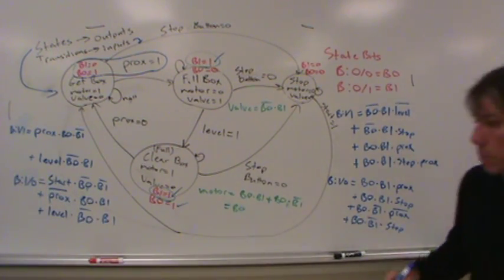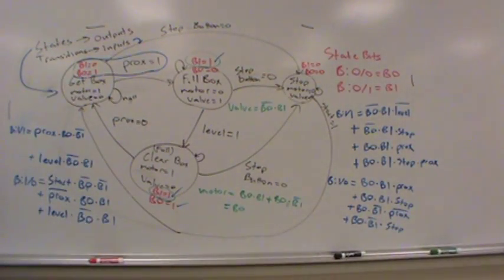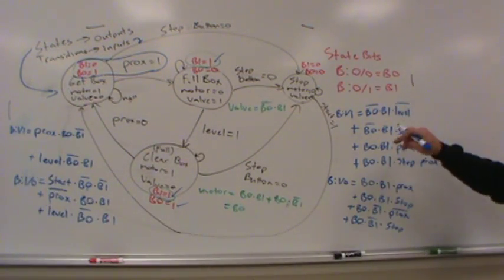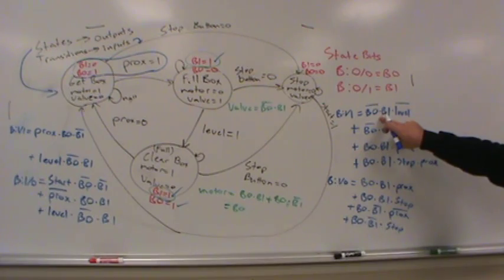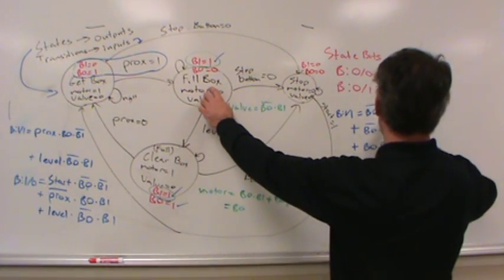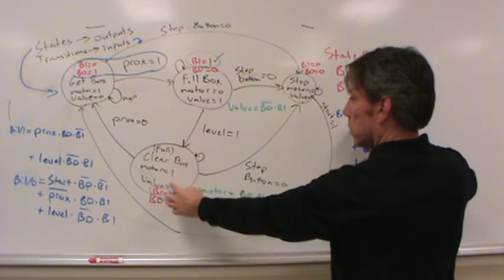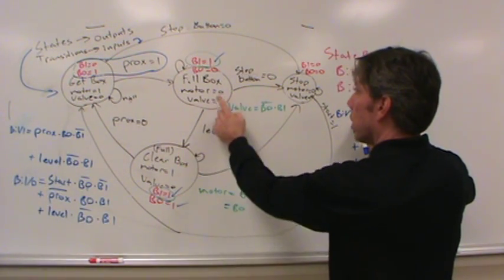So let's go through them again, and we'll start with the null transitions. So let's see, this was from fill box, we said it a second ago, here we go, to full. Okay, for getting B1 on.